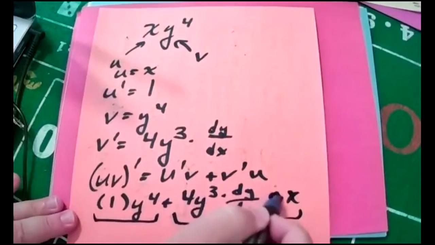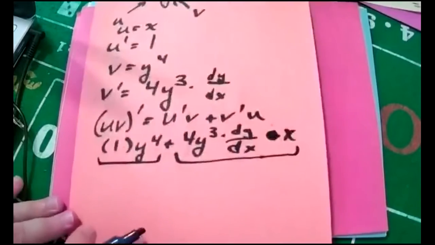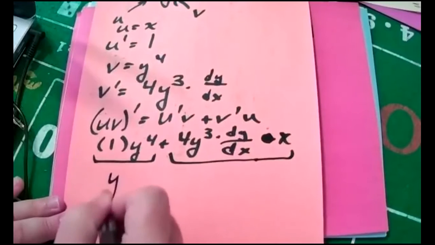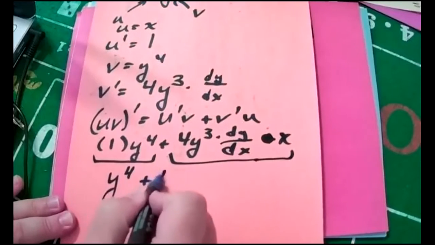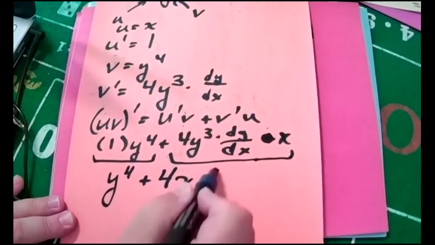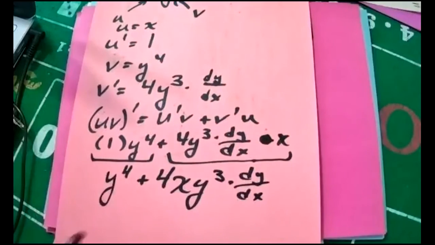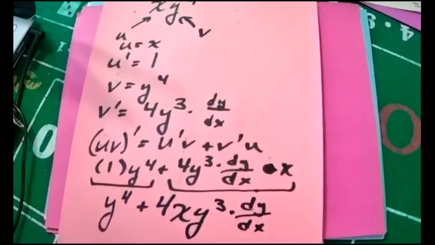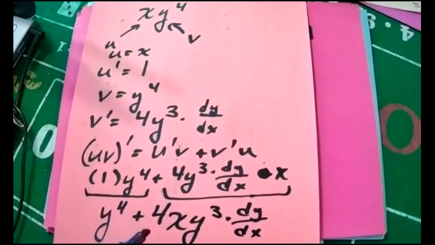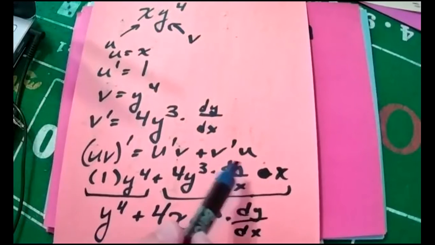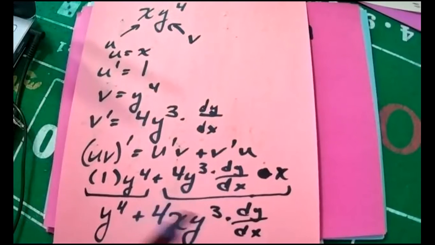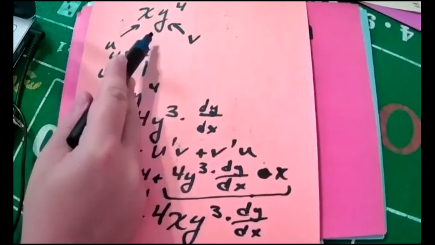To make it just a little bit nicer, I can rewrite it now to be y to the fourth plus 4xy cubed times dy/dx. This is where your algebra skills come into play, if you're in a position to know how to simplify things or put them in a nicer order so it's easier to write or repeat or transfer over. So this is the answer of what the derivative of this quantity is.